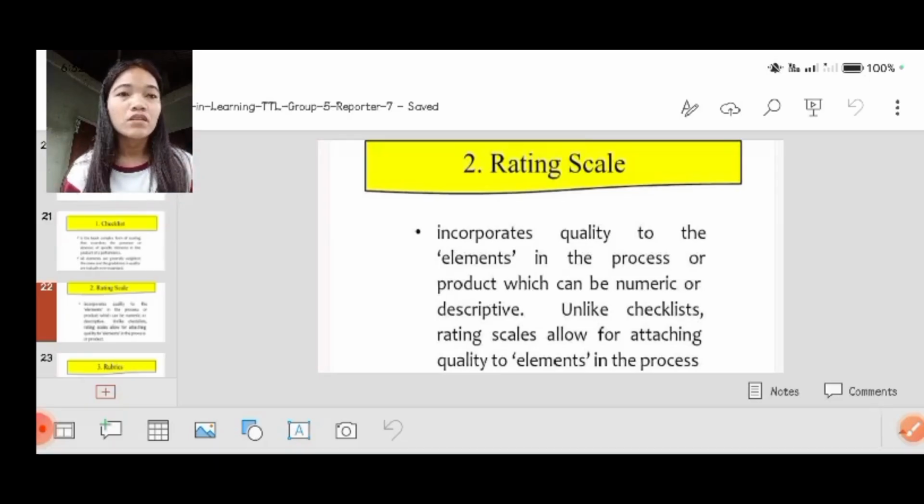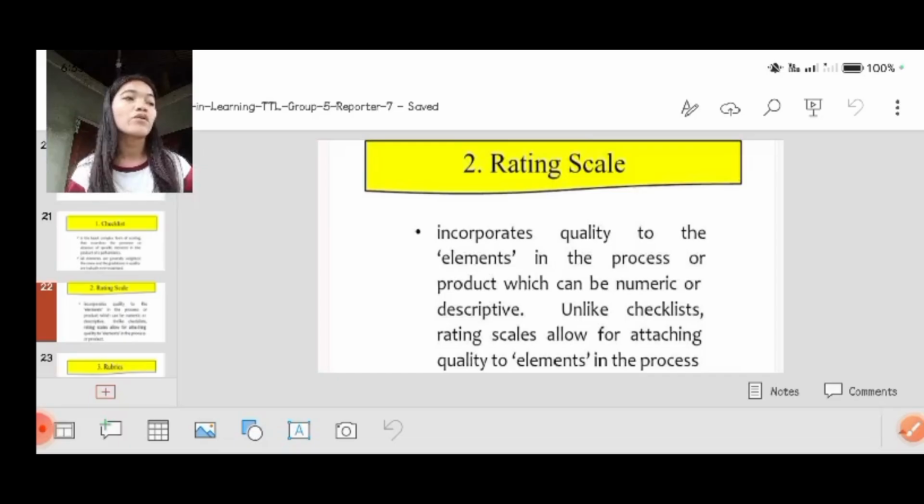So, number 2 is rating scales. It incorporates quality to the elements in the process or product, which can be numeric or descriptive. Unlike checklists, rating scales allow for attaching quality to elements in the process. The rating scale measures the degree or level of performance of a student.